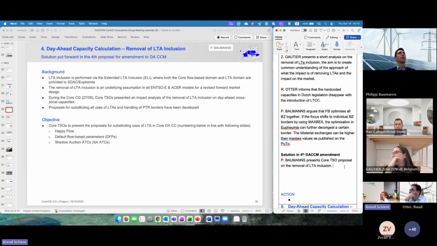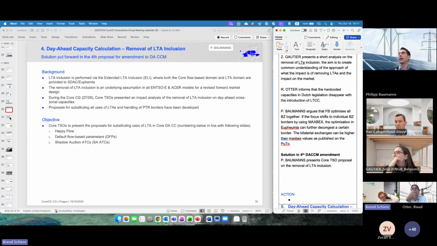So I think when now we have this removal of LTA inclusion, when we look at the objectives, there are 3 things to target. What has been highlighted before by you is what is with minimum capacities or sustainable capacities, because we take something from the regular process, we remove the LTAs, and they are obviously there.